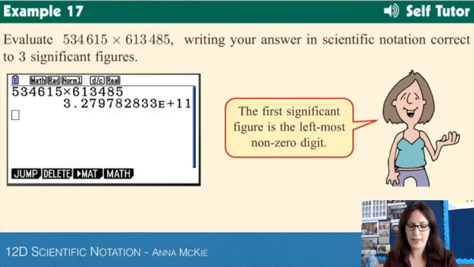This number here, and as our friend tells us, significant figures, the first one is the figure, the leftmost non-zero digit. So that's your first significant figure. And so what's on the left? We have a 3, and then the decimal 279. How many did we want? 3 significant figures.